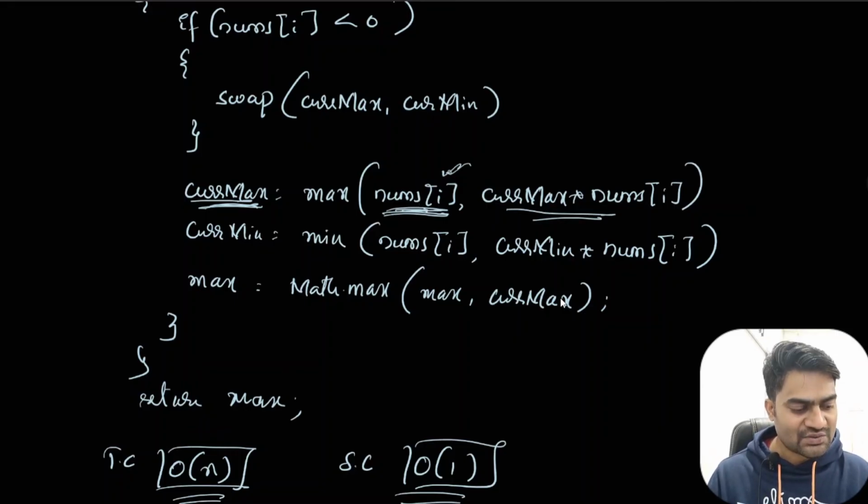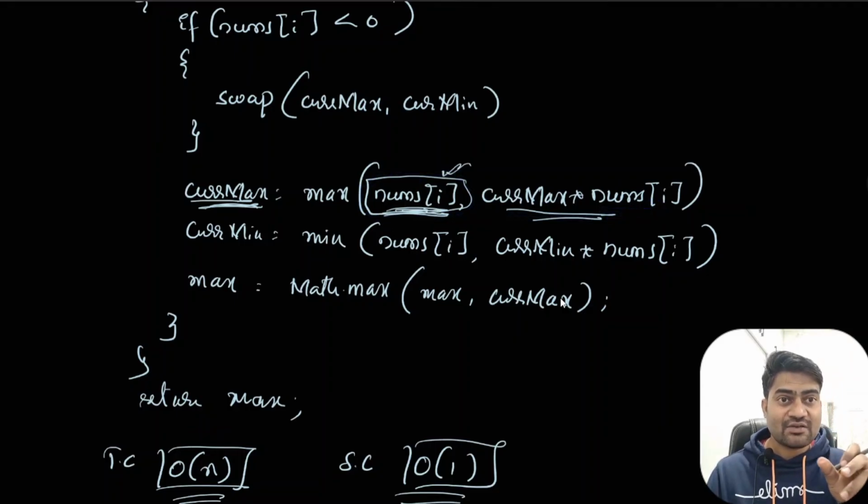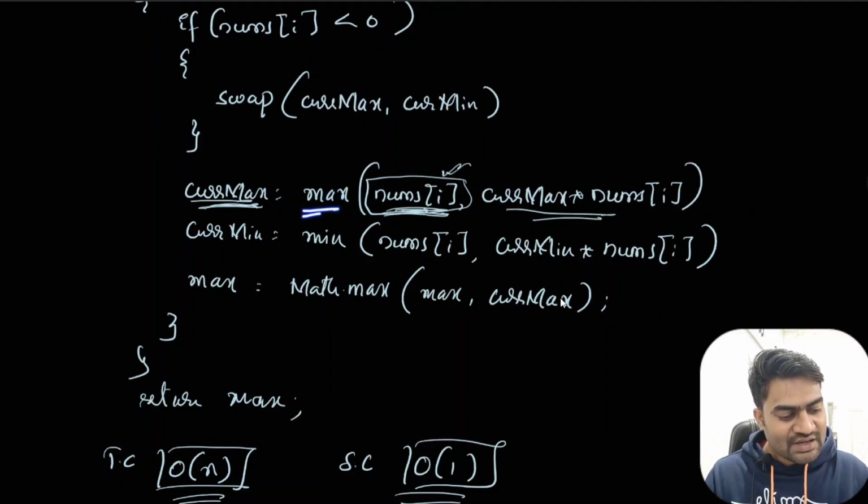So what I'm trying to say is, whenever we get a nums of i which is greater than the current max multiplied with this nums of i, that is basically whenever we get 0, and after that whenever we start processing another number, that time we will consider this nums of i as our current max.